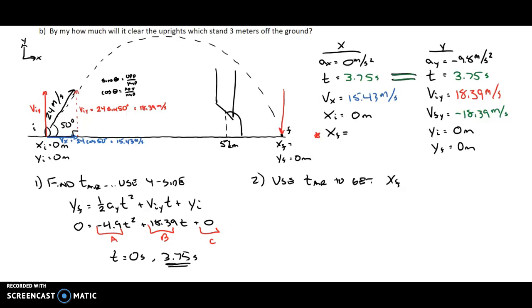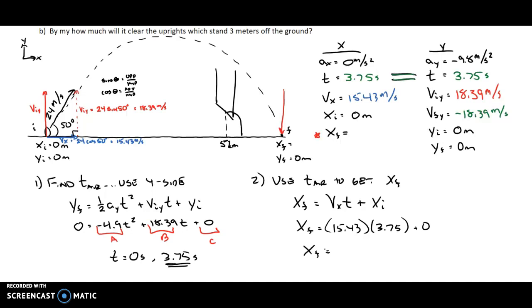And again, my only equation, it's really the same equation I just used, except when a is 0, my equation in the x direction simplifies to the final position is equal to the velocity in the x times time plus the initial position. And I can plug in my velocity, 15.43, and multiply it by the time the ball is in the air, 3.75 plus 0.